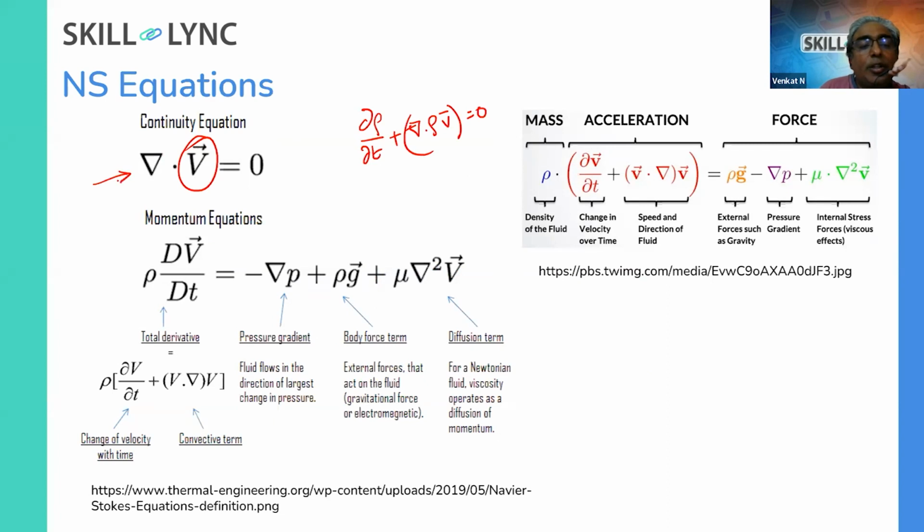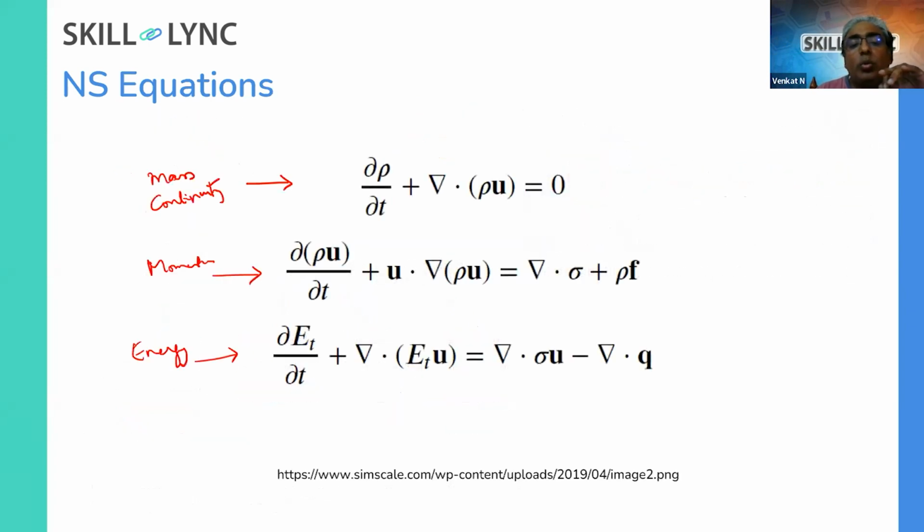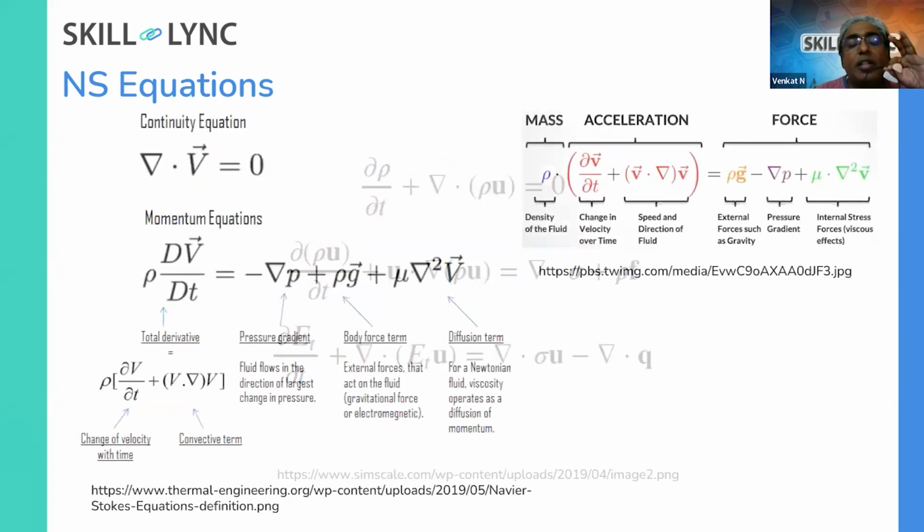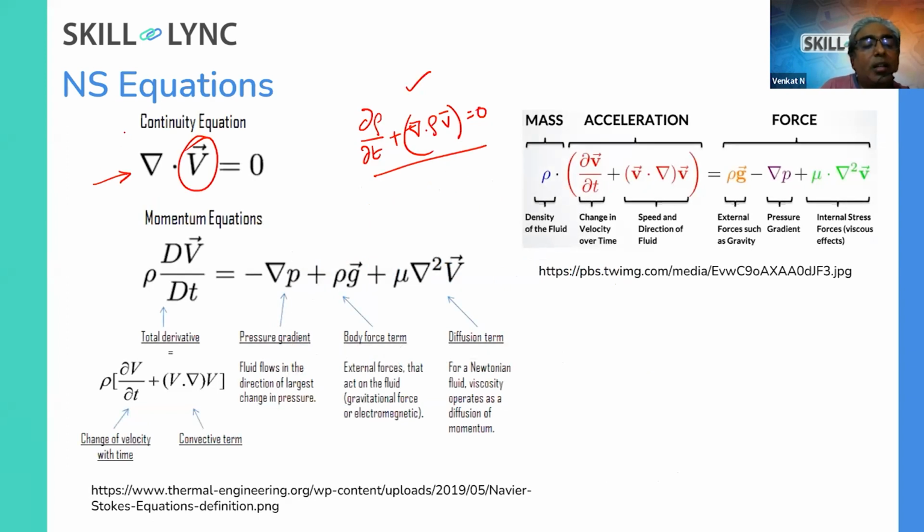Now this continuity equation is applicable for which type of flows? This is the generalized continuity equation which I'm showing here. Dou rho by dou t plus del dot rho v cap, or rho u, is the generalized equation, but the one which I'm showing here is just del dot v equal to 0. So what type of flow, very good Aditya.